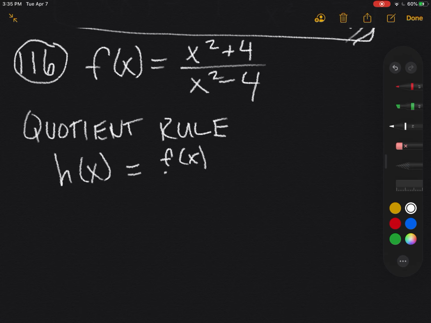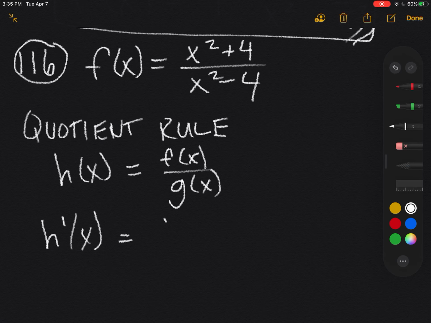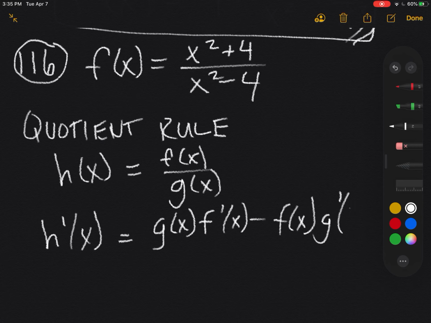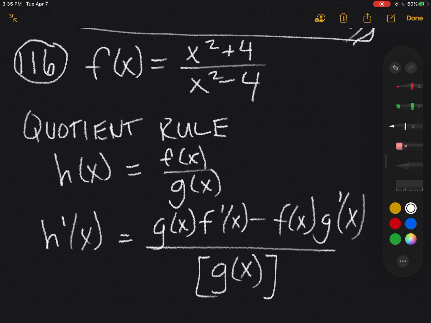If I have a function h of x and it equals f of x over g of x, then h prime of x is equal to g of x times f prime of x minus f of x times g prime of x all over, if I take that denominator, g of x, and I square it.